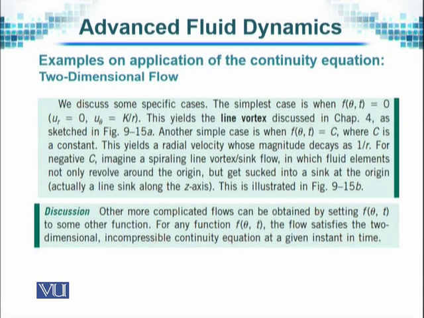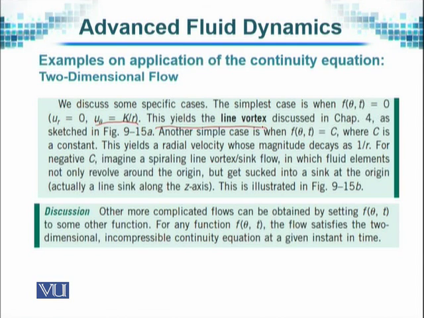We consider again the different situations that may occur here. For example, if f is equal to absolutely 0, that is the value of the constant is equal to 0, then u theta is equal to k over r, and we call it a line vortex that we discussed when we were considering kinematics of fluid flow.